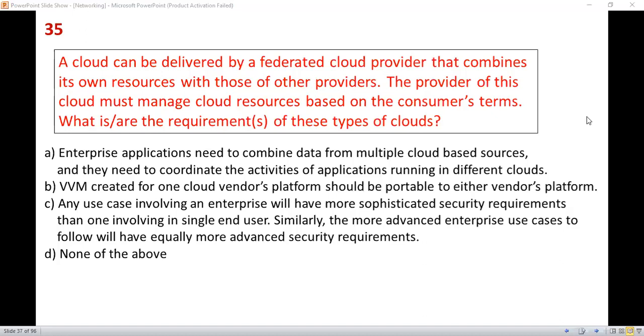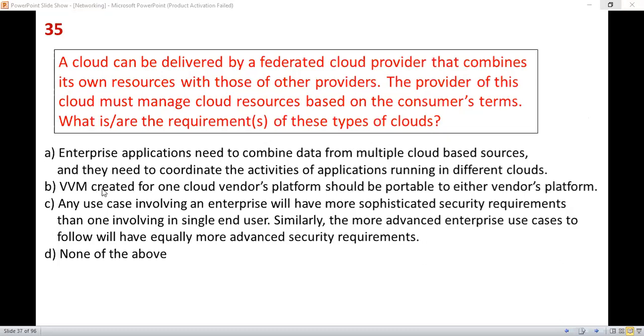Okay. Anyone else? Okay. The answer for this question will be B: VM created for one cloud vendor's platform should be portable to another vendor's platform. The question says a cloud provider combines its own resources with those of other providers, and the provider of this cloud must manage cloud resources based on the consumer's terms. So a VM created for one cloud vendor's platform should be portable to another vendor's platform also.